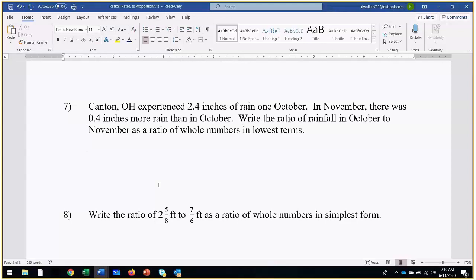So let's write down what they told us. It's 2.4 inches of rain in October. And then in November, there was 0.4 inches more rain than in October. So they're trying to be tricky here.